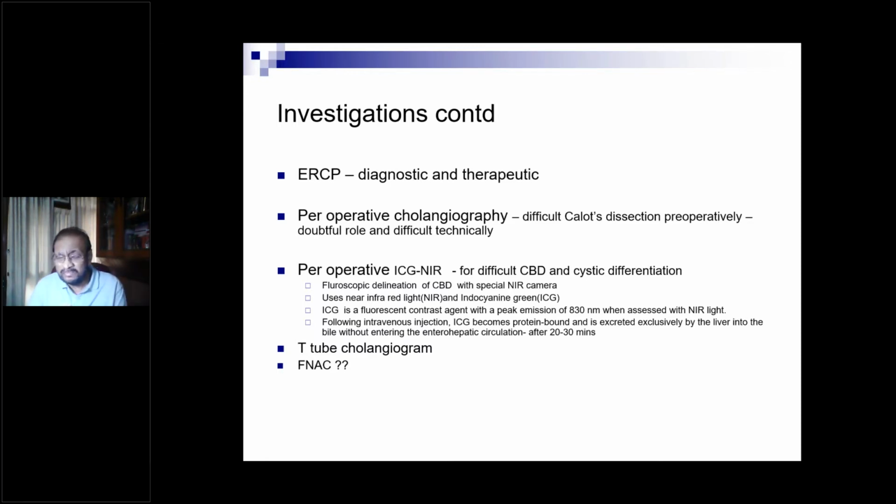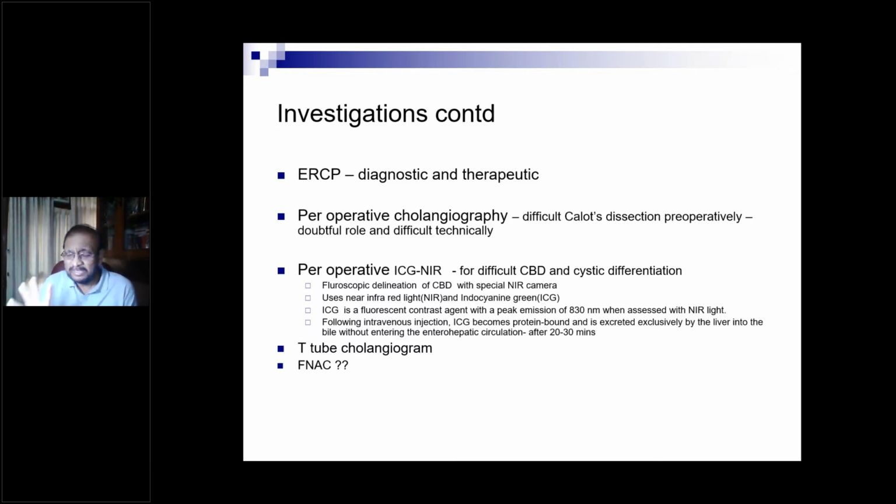And that is why a new investigation has come on the block, and that is peroperative ICG-NIR. ICG is basically the dye, indocyanine green dye, and NIR is the near infrared spectrum of light. So this near infrared light is absorbed by the ICG dye, and then that is caught by a NIR camera. You can see that fluorescence.